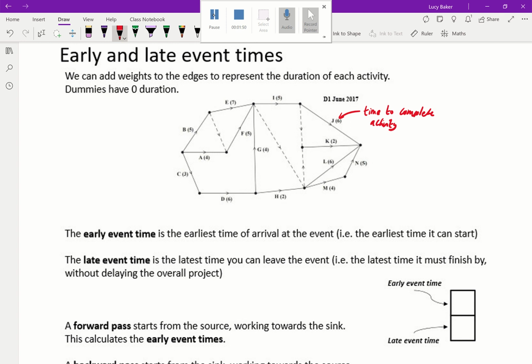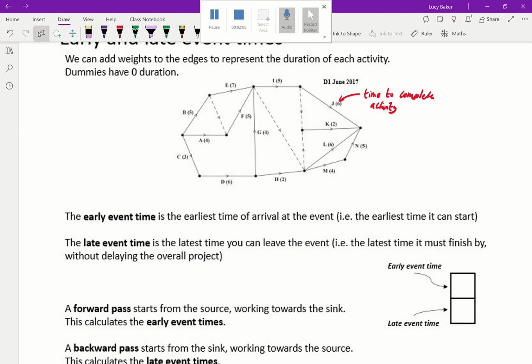The early event time is the earliest time of arrival at the event, so the earliest time it can start. And the late event time is the latest time you can leave, so the latest time it must finish by without delaying the overall project. So this is going to be really useful for project management.